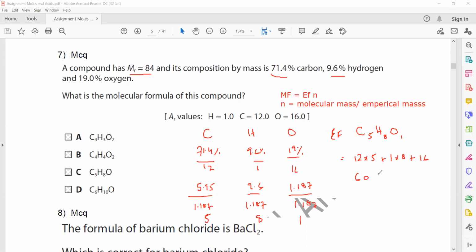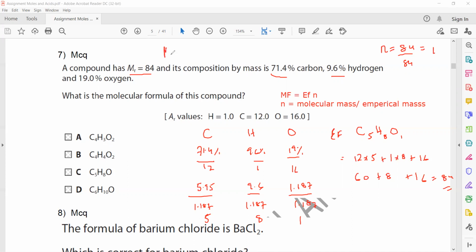So that will be 60 plus 8, 68, and plus 16, that's equal to 84. So we have the same molecular mass and empirical mass. So the value of N will be 1, because N is molecular mass divided by empirical mass. So 84 divided by 84 is equal to 1.